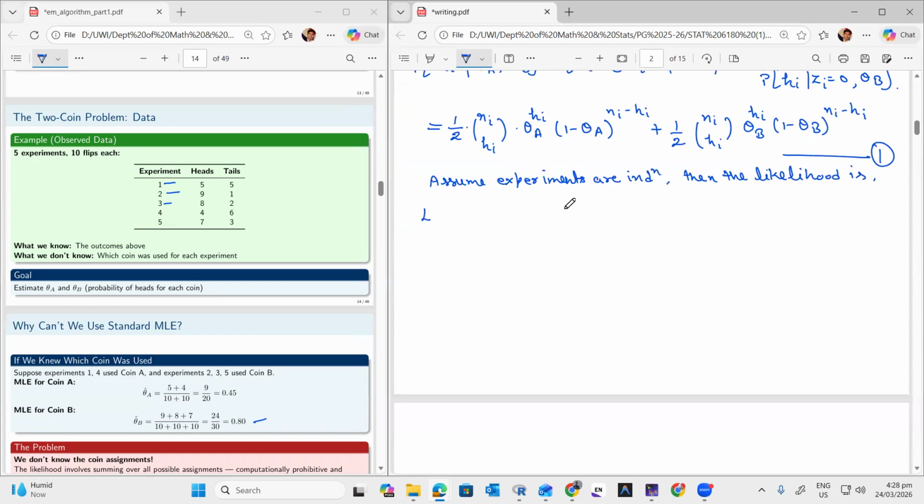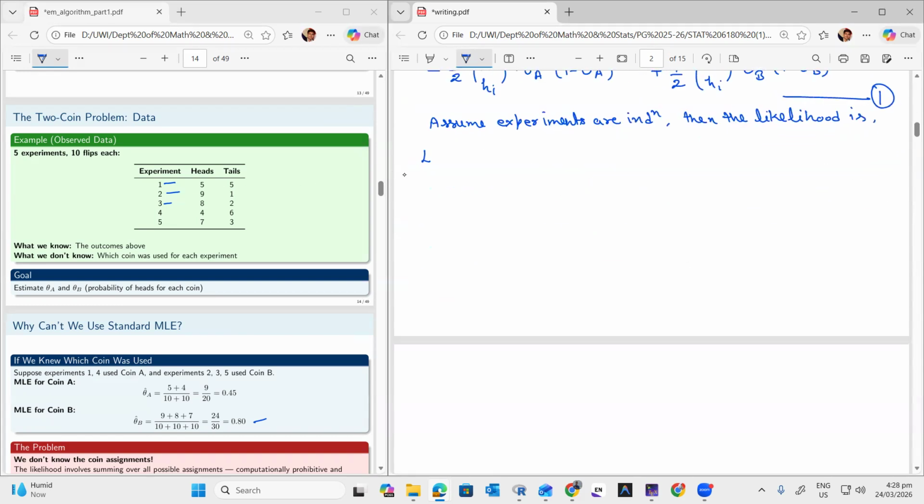L of theta A, theta B equals the product of i going from 1 to M. Alright, M is basically equal to 5 because we had 5 experiments.